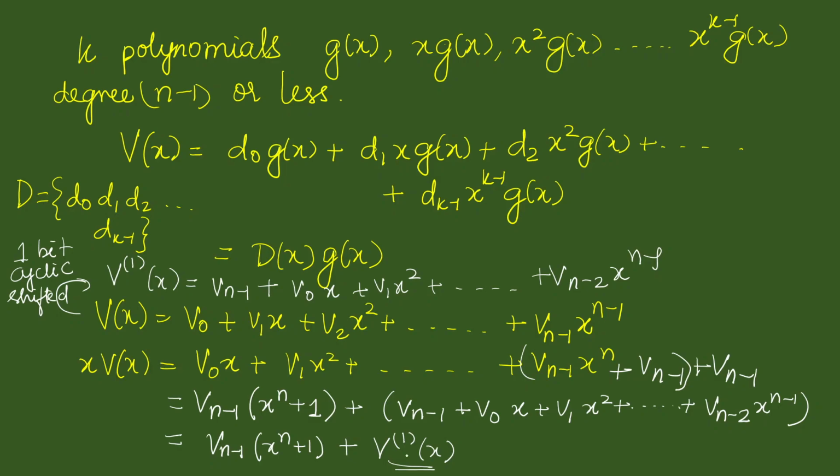So please remember that the expression x into v of x can be equated to v of n minus 1 into x raised to n plus 1 plus v1 of x, the cyclic shifted version of the code word v of x.